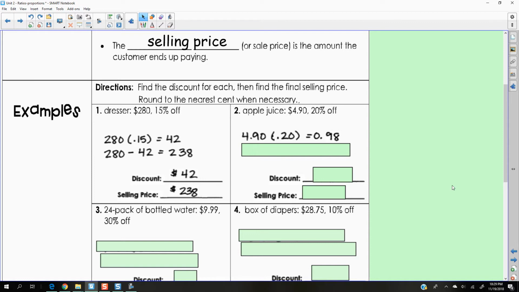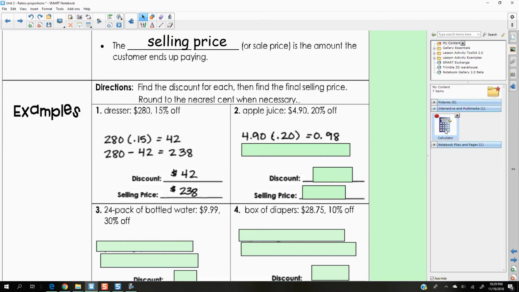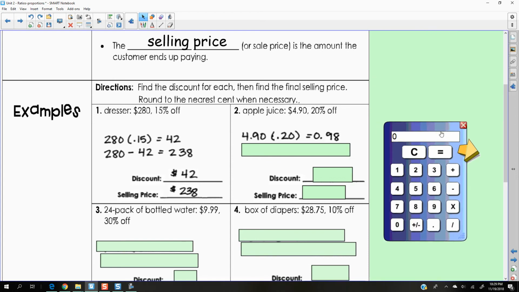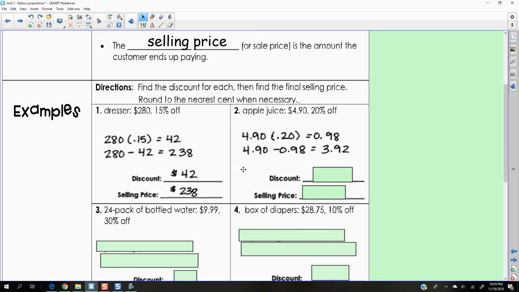I think we have a dumb calculator here. Hopefully your calculator works better. But it's a 98-cent discount, and the price is now going to be $3.92.